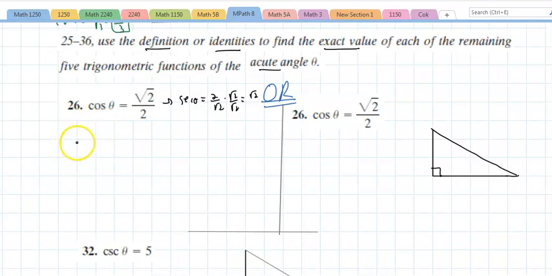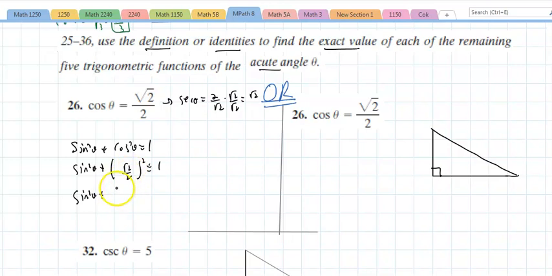I could use the Pythagorean identity, say sine squared of theta plus cosine squared of theta equal a 1. Sine squared of theta plus cosine, which is radical 2 over 2, squared equals a 1. And I could say the sine squared of theta plus, this is 2 over 4, equal a 1.